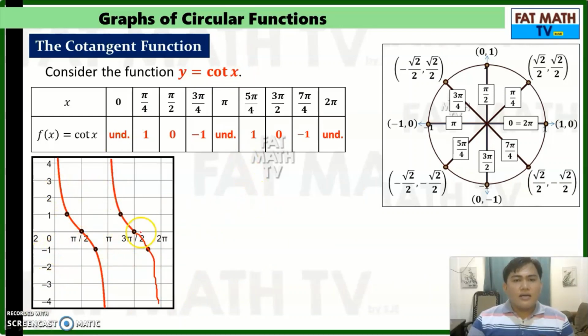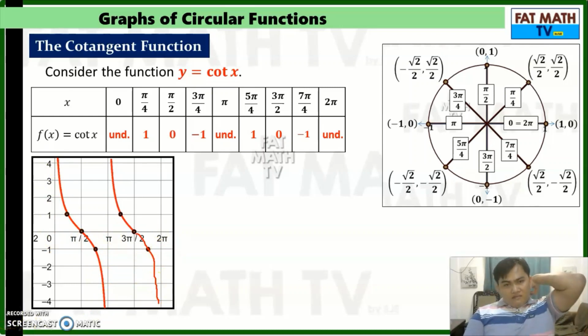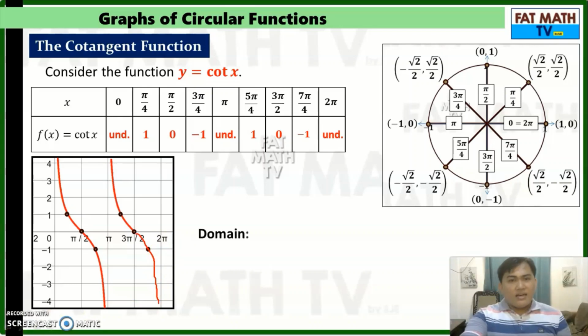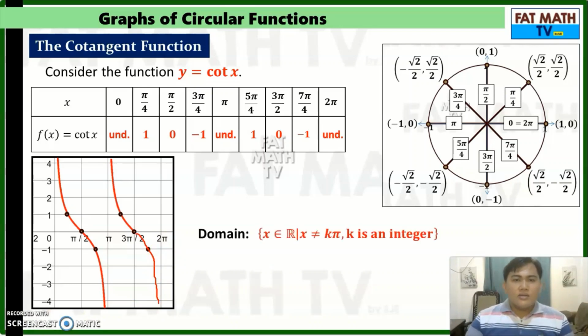If you look at it, it will just go up here. It will not reach x equals 0, x equals pi, and x equals 2 pi. So all the multiples of pi are not in the domain. So the domain is the set of all real numbers except the multiples of pi.